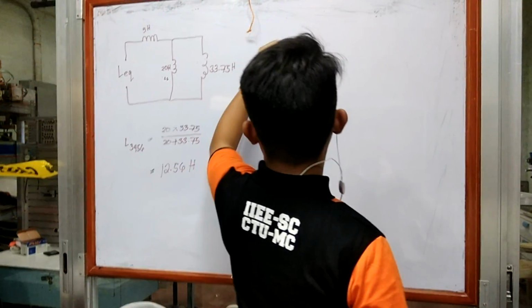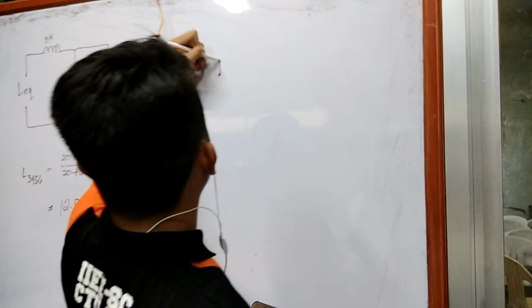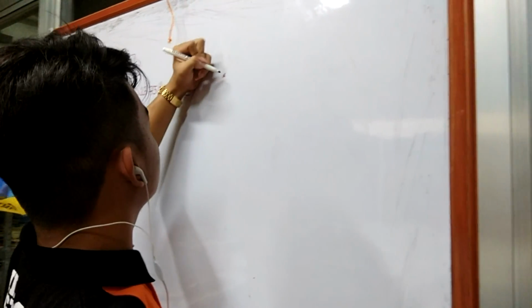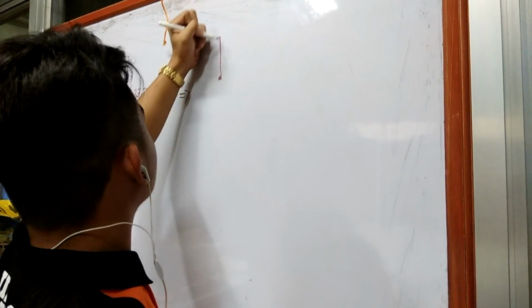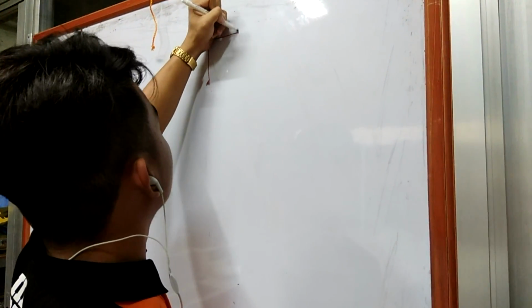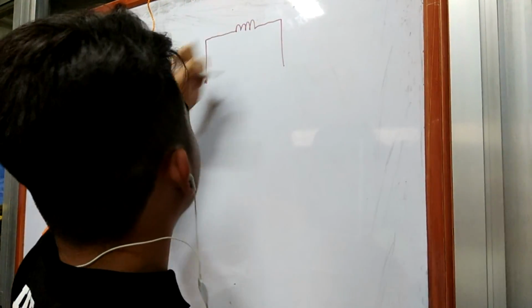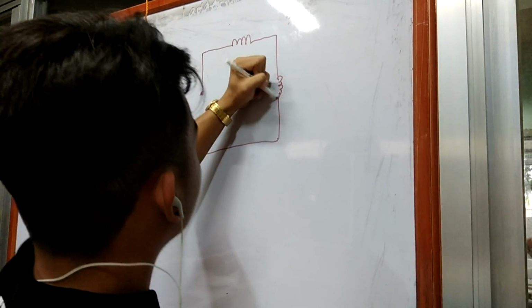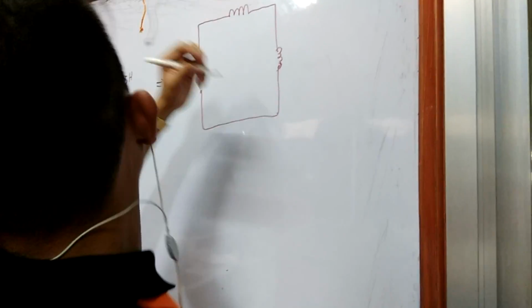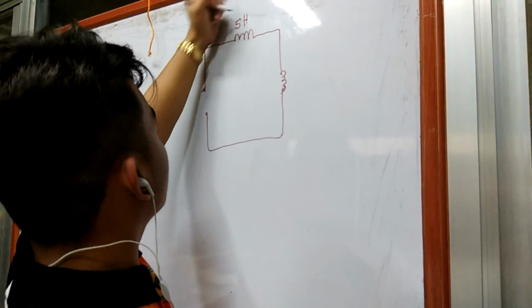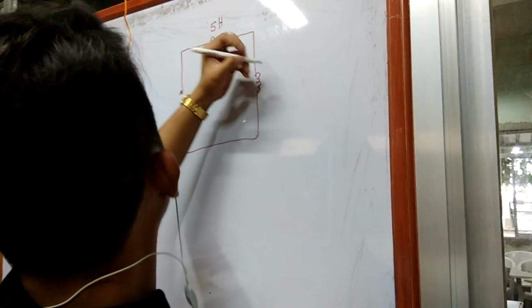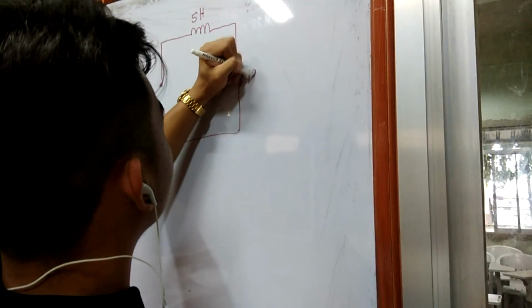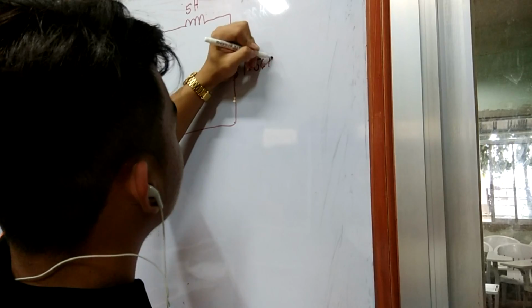Finally, the last circuit, you can all see the circuit is now reduced. So 5 henries plus 12.56.